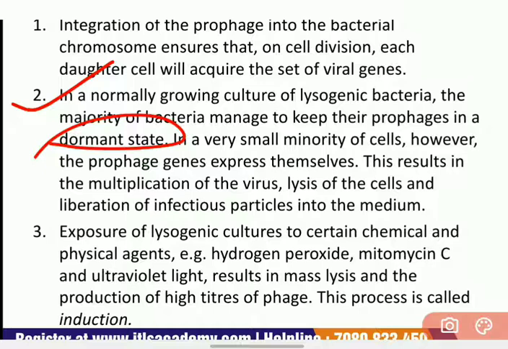Dormant state is a state of inactivity in which any spore or any bacteria which is showing this phenomenon will remain in inactive phase until the favorable conditions occur, and on the occurrence of favorable conditions, they start to germinate or they start to propagate again.